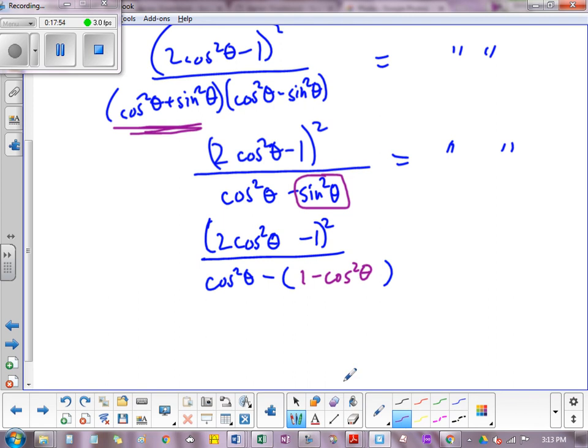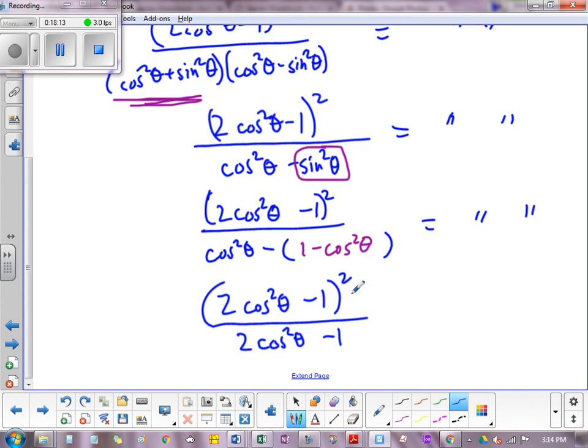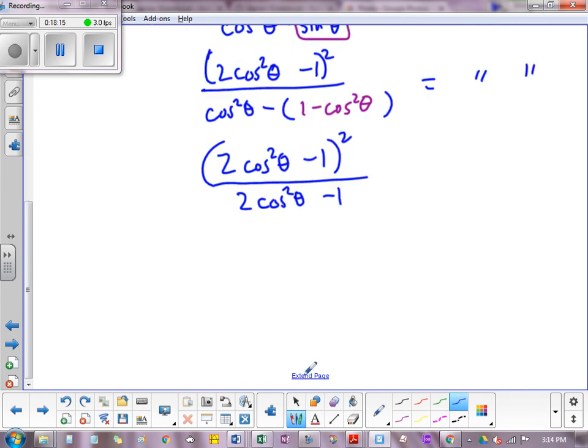All right. Ooh, that bottom, that denominator. Oh my goodness, look at that. It is exactly what we have on top. We have 2 cos squared theta minus 1 squared on top. And now on the bottom, we have 2 cos squared theta minus 1. The only difference between top and bottom is that the top is squared and the bottom isn't.